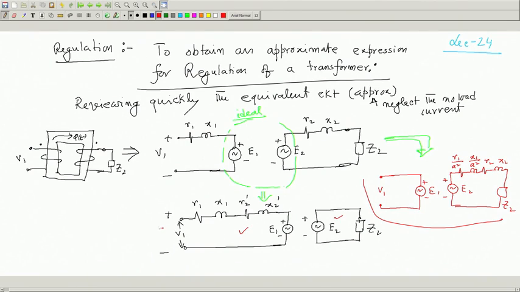This circuit can be shown, let me use a different color, and I will show V1, and here RE1, this R1 plus R2 dashed, then sorry, XE1, and here I will forget about this ideal part and connect a squared Z2.